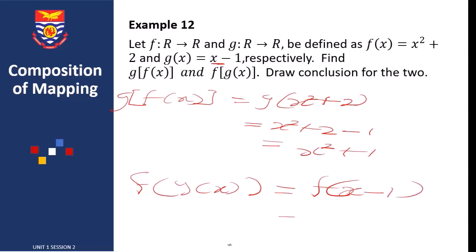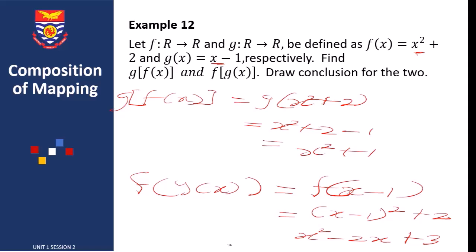So this will be equal to x minus 1 squared plus 2. When I simplify this, you get x squared minus 2x plus 3 as your final answer. Now, what conclusion can you draw? You can see that g of f of x is not equal to f of g of x.